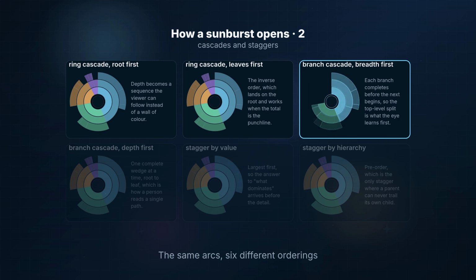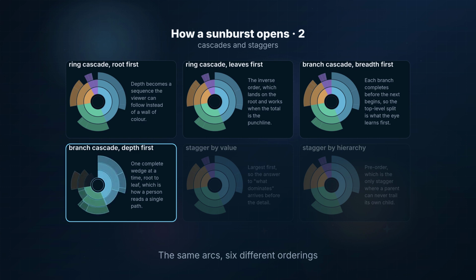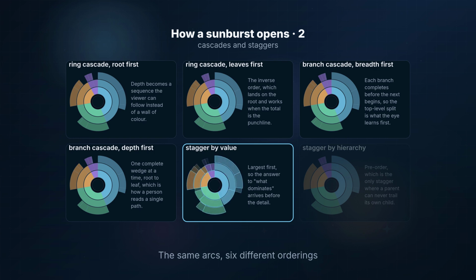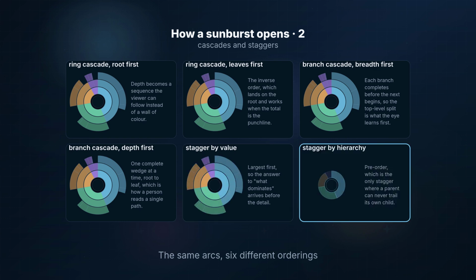Staggering by value puts the largest arc first, so the answer to what dominates arrives before any of the detail. Staggering in preorder is the only one of these where a parent can never trail its own child onto the screen, which matters because a child appearing before the thing that contains it is a small lie told very fast.